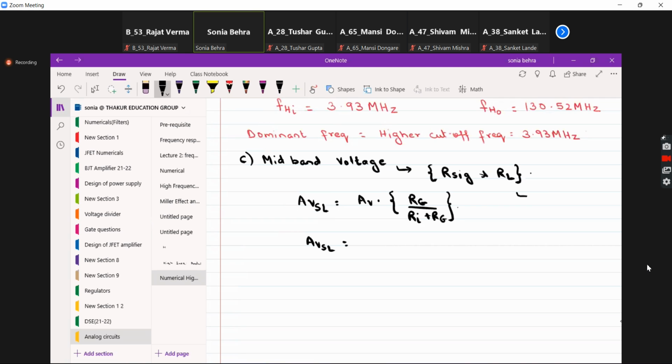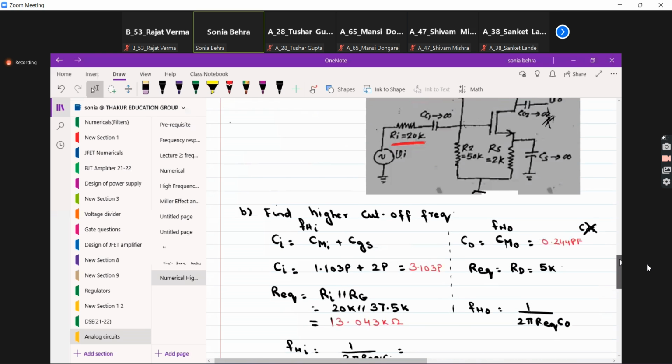If RL had also been given, the formula would be AV into RG upon RI plus RG into RL upon RL plus RD. But RL is not given, so it is RG upon RI plus RG. Just put in your formula. The AV you got was -4 point something. AV was -4.515. RG is 37.5. RI given to you is 20K.